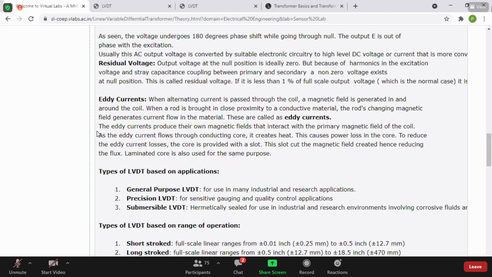When a rod, meaning our core, is brought in close proximity, the rod's changing magnetic field generates current flow in the material. Because of this rod, we get other changes in the magnetic field, and those magnetic fields produce some currents.